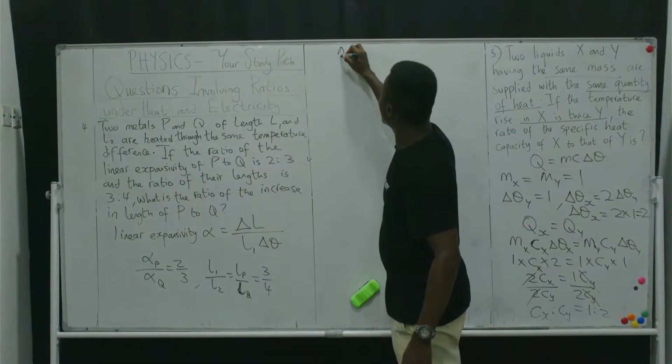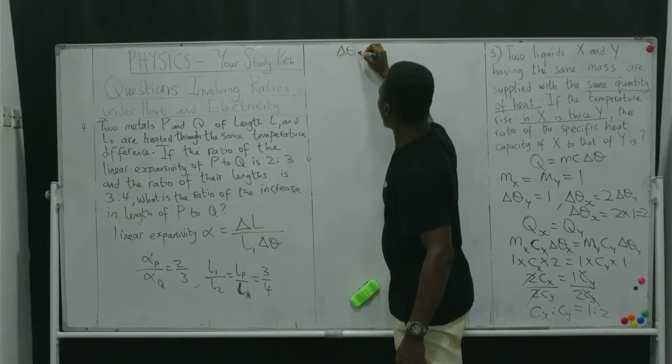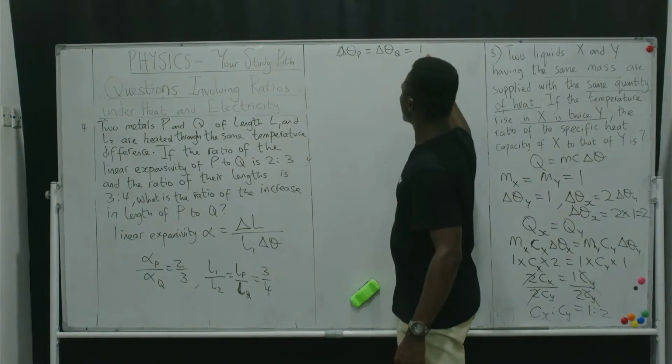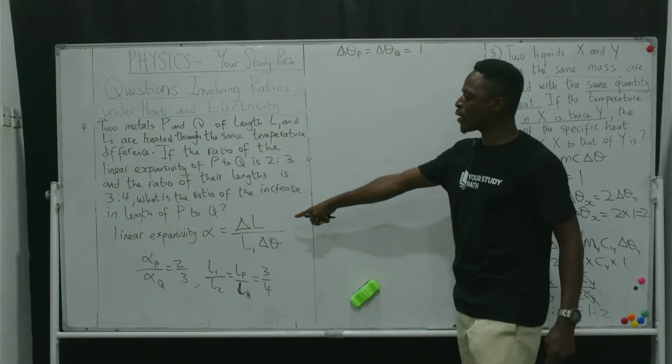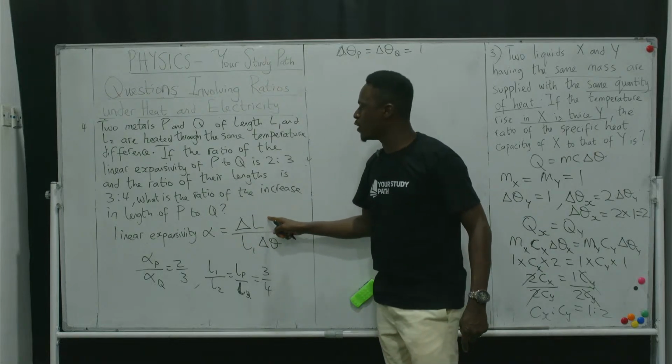So look at what we are going to do. We are picking that change in theta for P will be equal to change in theta for Q, and you are using 1 to represent it. So back to the formula. Change in temperature is what we are going for.